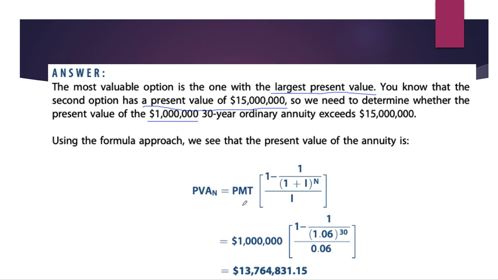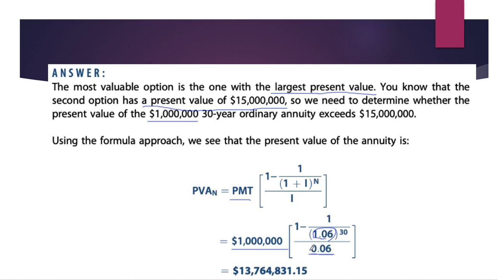What did we say? We have 1 million as the fixed payment each year for the annuity, and we have a 6% interest rate. So this is 1 plus 0.06 for 30 years, and then we divide by the interest rate.